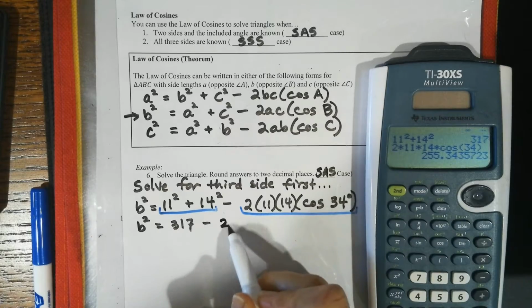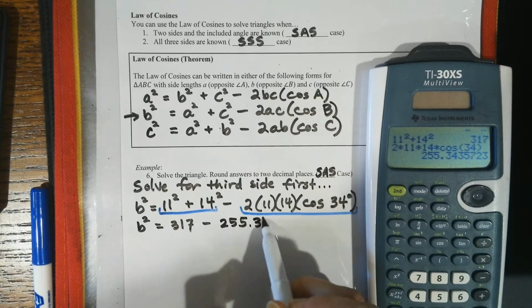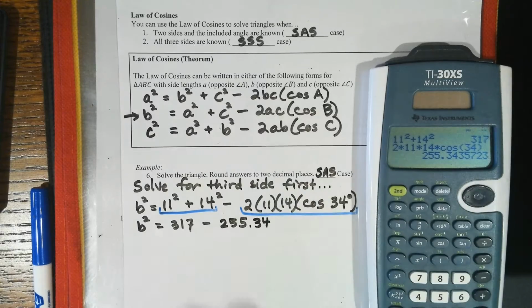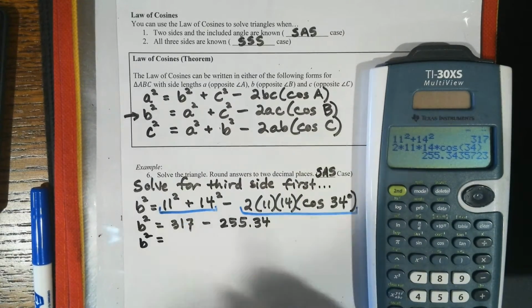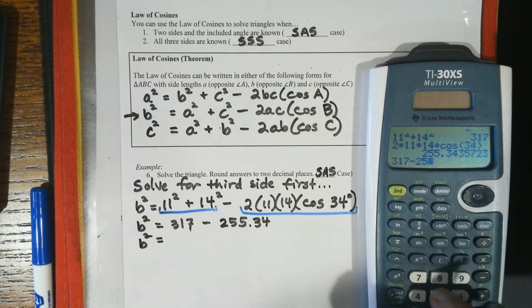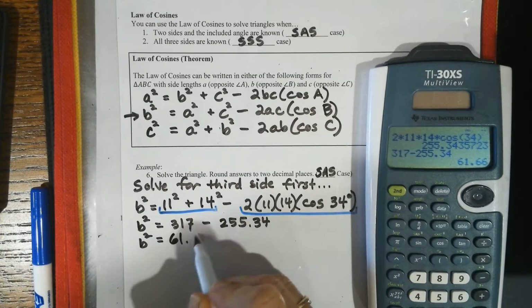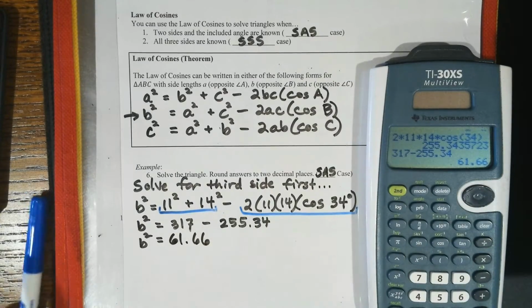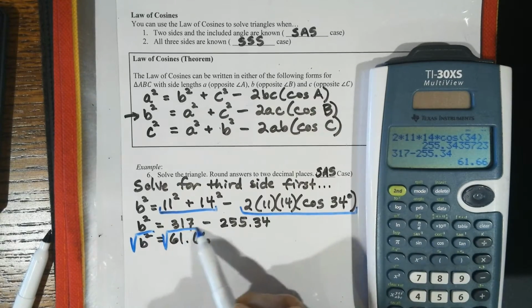So it's 255.34. It says 2 decimal places, so I think I'm good on that. But then b squared equals, so I do 317 minus 255.34, which is 61.66. And now I don't want b squared, I want b.